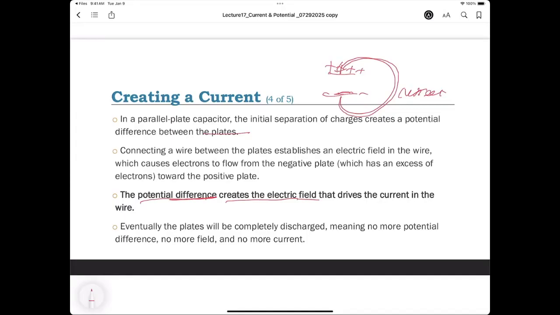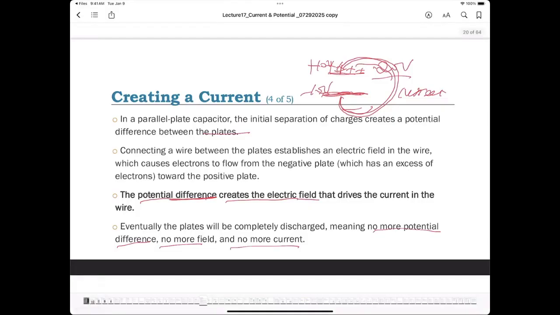At the beginning there is a potential difference, maybe from positive 10 to negative 10, so it is a 20-volt difference. As the electrons move, the plates become neutral, and there will be no more potential difference, no more field and no more current. That makes sense to you?